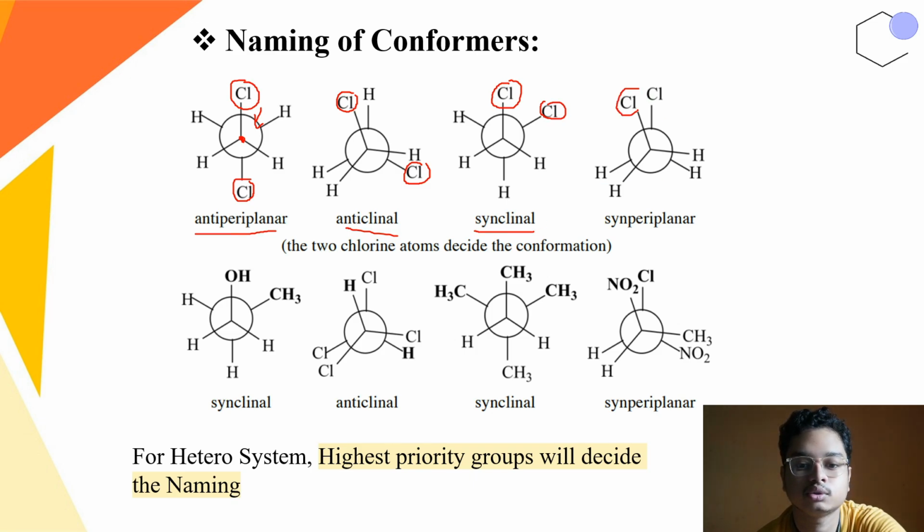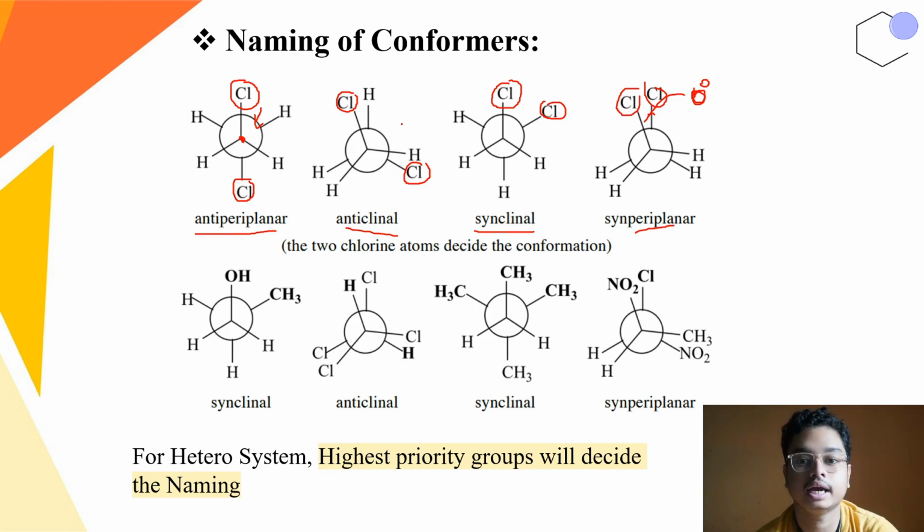Similarly, here these two are 0 degrees apart. We represent it like this to show that both groups are present here, but the angle is 0 degrees, and that's why it is named syn-periplanar.